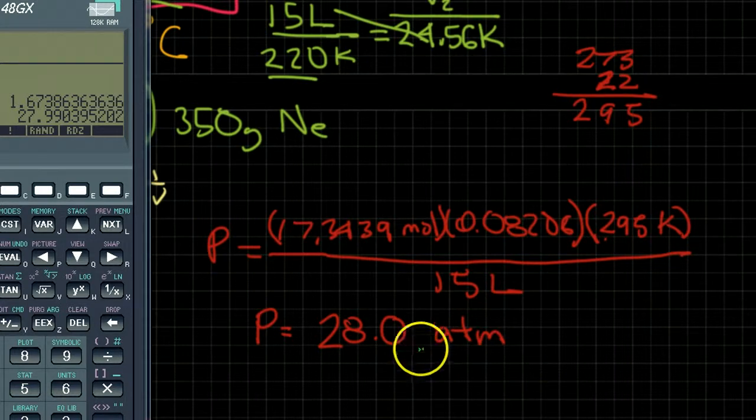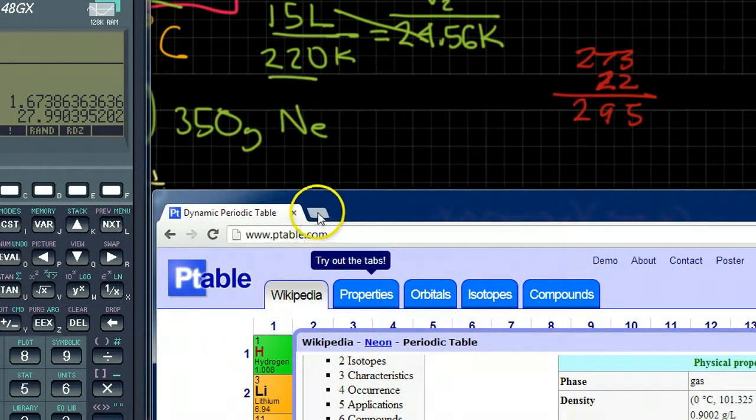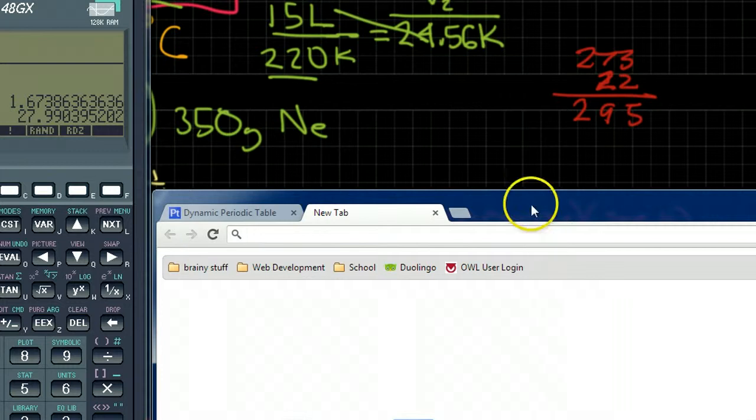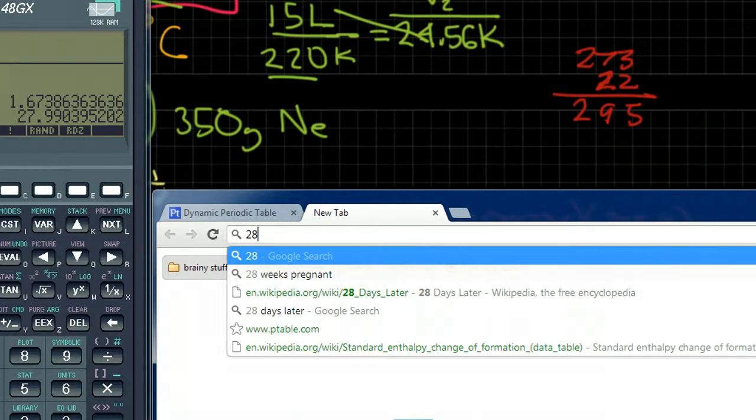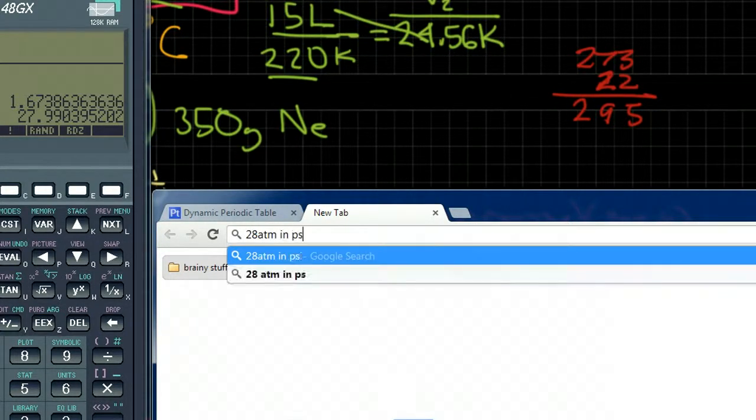If you wanted to do a quick conversion on that, let's just see what that would be. I want to see if Google can do this. So we'll say 28 ATMs in PSI.